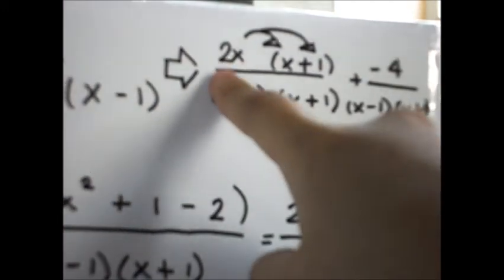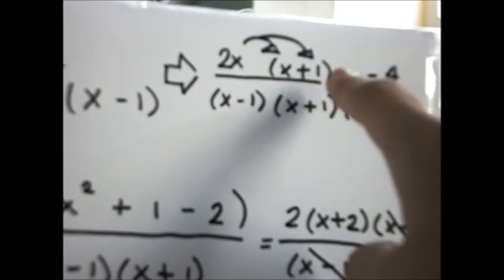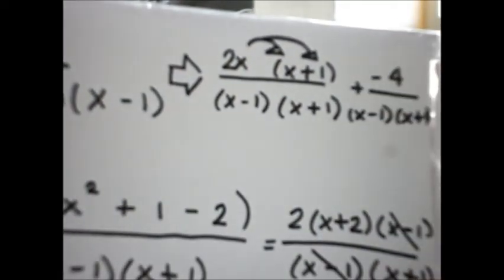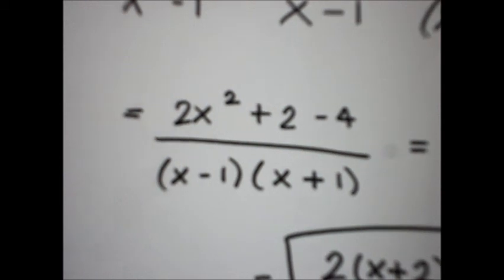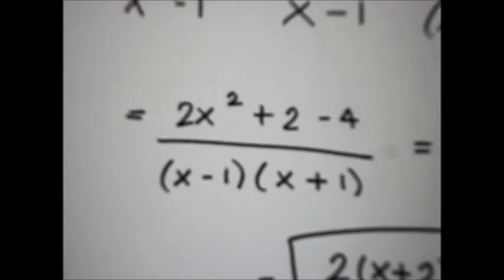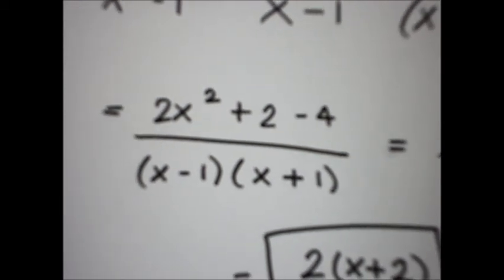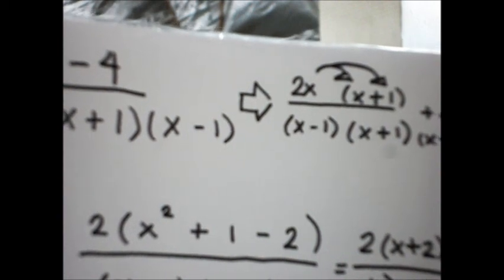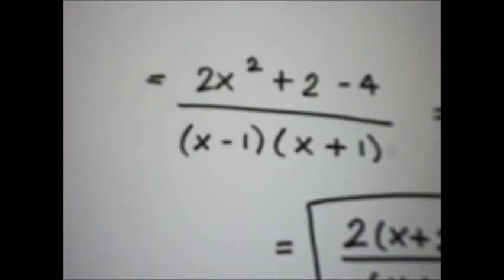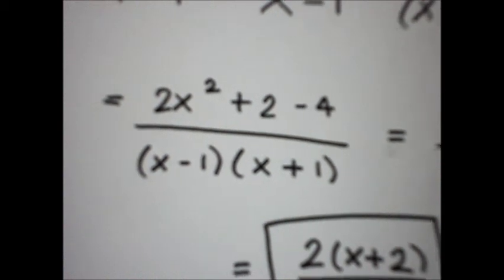We have to distribute 2x to x and 1. And so the answer will become 2x squared plus 2x minus 4 over x minus 1 and x plus 1. Because you distributed 2x to x plus 1, and so it will become that.